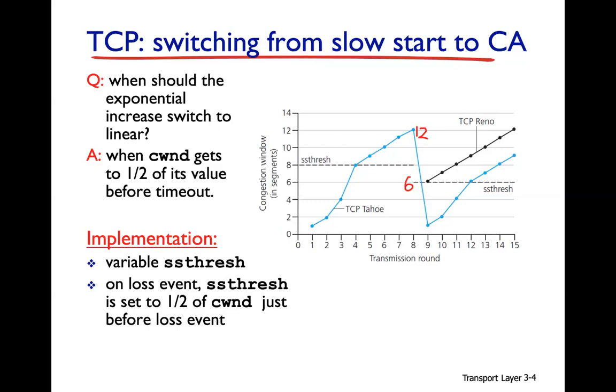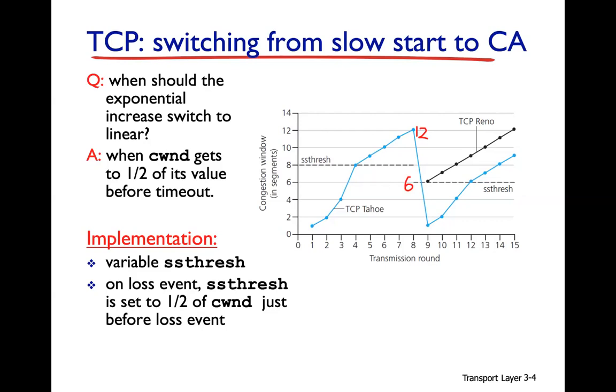So what is Reno? Reno has 2 cases, right? If you have duplicated ACKs, it will not jump directly to 1, it will jump to the threshold. So your threshold goes from 12 to 6, and your jump back is directly half the window size.